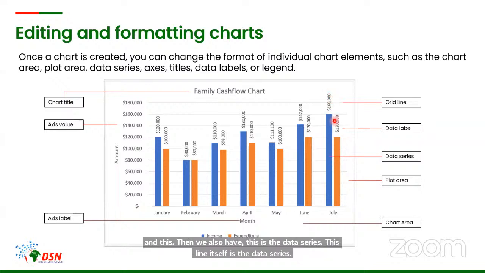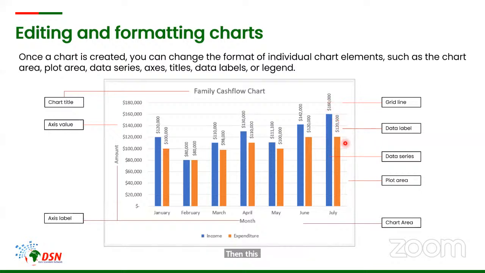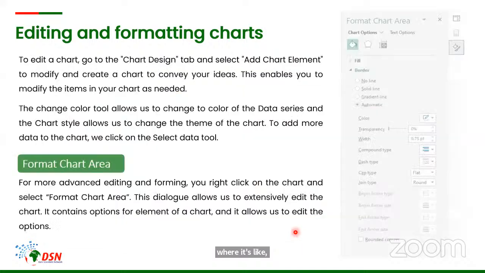Then this particular label you give to it is called the data label. The whole of this area where you see this line is called the plot area, and including the parts that you see here is called the chart area. So let's move very quickly.